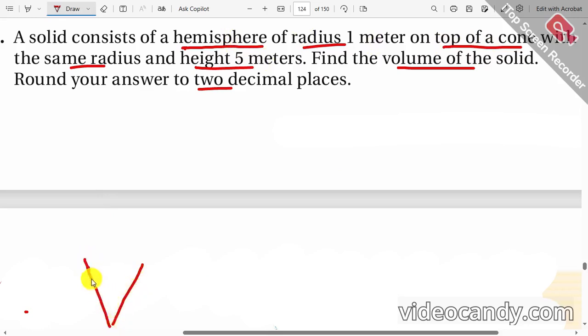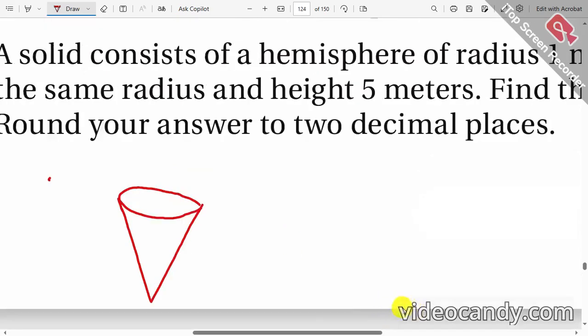Okay. So we're going to have a cone here. And then basically you draw a hemisphere on top. All right, start with a cone and basically draw a hemisphere on top. All right, I'll do that in a different color.